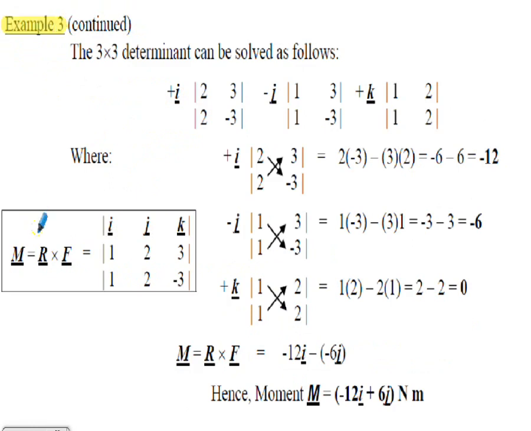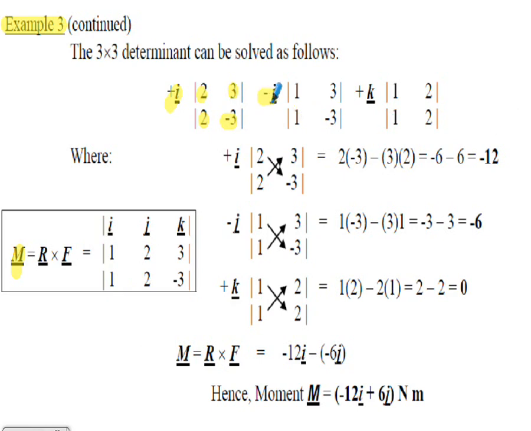Example 3 continued. I've repeated the 3×3 determinant for M here for convenience. So we're now going to solve this. For the i determinant, we end up with coefficients of 2, 3, 2 and −3, and we get that by covering up the i column and looking to the right for the coefficients.